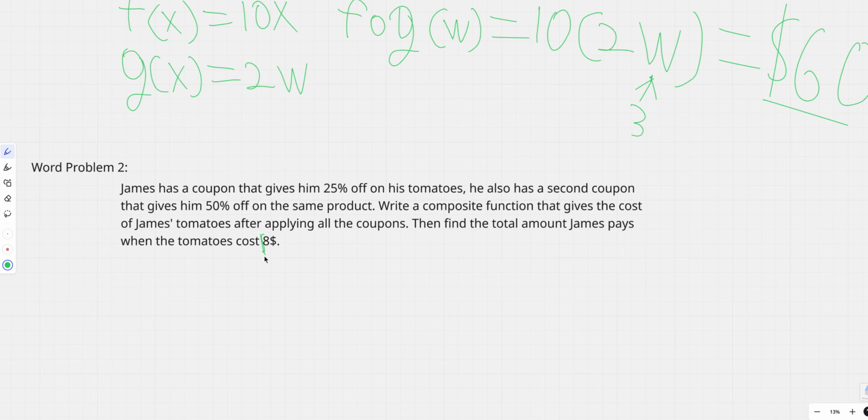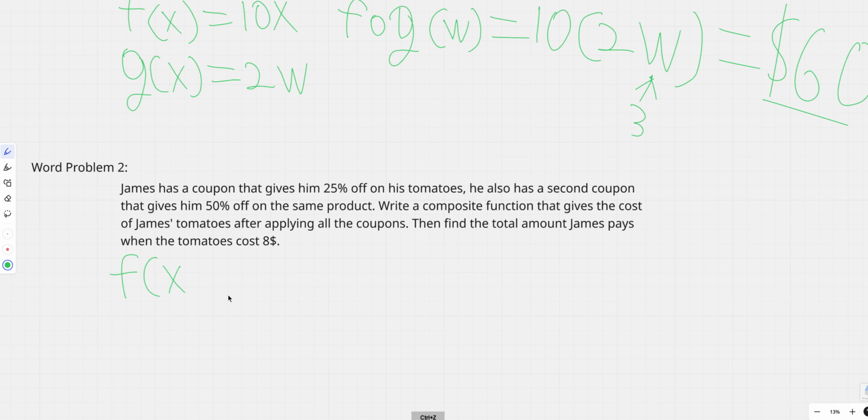So the first function is James's cost of tomatoes after applying the first coupon.